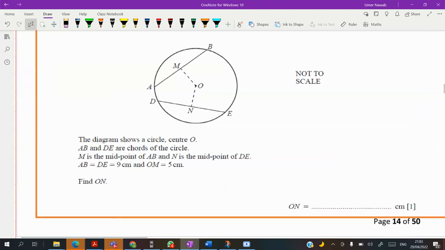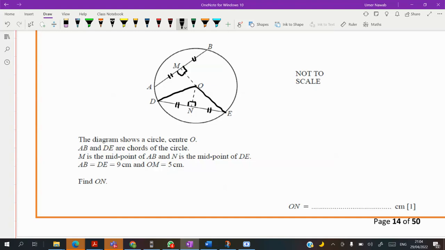Wow, the symmetric property of circles. We have two chords. Look at that. AB is a chord and DE is a chord. Let's see what he has provided us. He said M is the midpoint. Wow. If M is the midpoint, my friends, then it means OM should be perpendicular to AB. He also said N is the midpoint. Then OD and OE are the radius, and ON is perpendicular to DE.